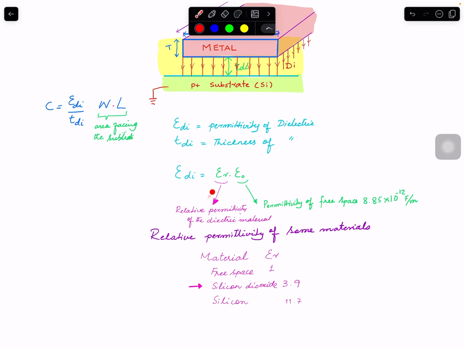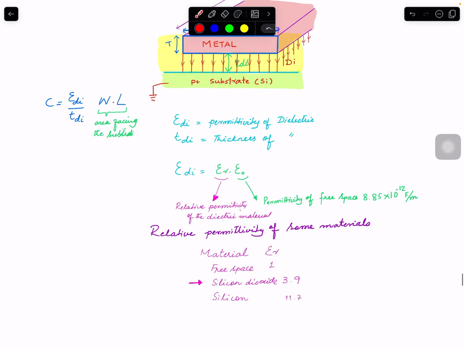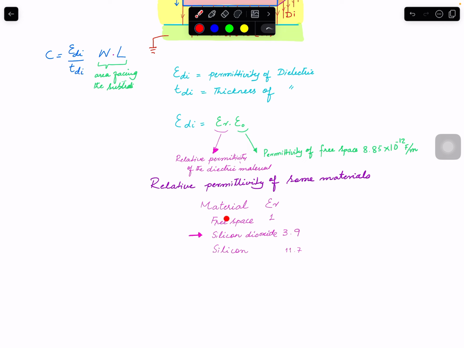Now, for different materials, and here is the point I want to make: for free space, the relative value is 1 because it's really this number. Other values will be different numbers for different materials. So for silicon dioxide, this is 3.9. You can think of free space as the reference point, and a higher number means by default that material will provide a higher capacitance.